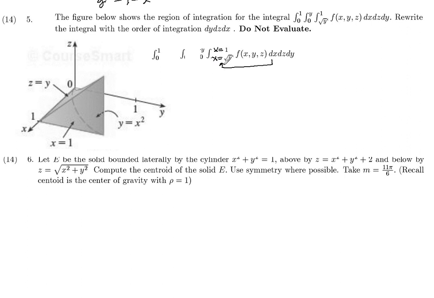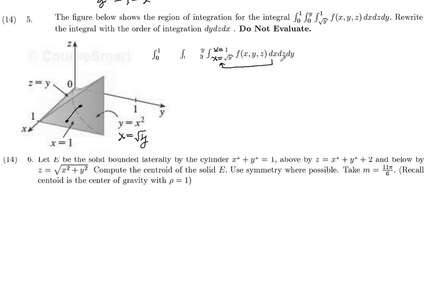In fact, if you square both sides, you get y equals x squared, which is this surface here. So these limits of integration are saying from x equals 1 to x equals root y. So that's in this direction here. So we're integrating from this triangle, the plane x equals 1, which I've labeled for you, over to this surface here, which is x equals root y.